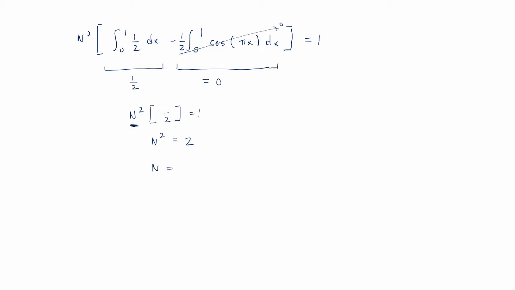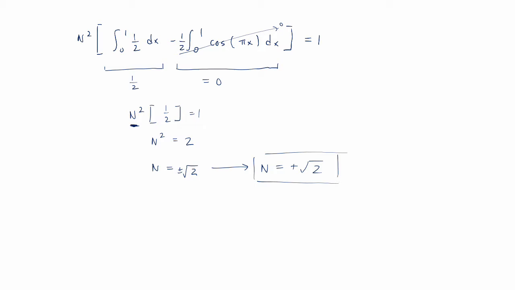So n is equal to the square root of 2, plus or minus. We usually just take the positive value, just for convenience. So my normalization constant is the square root of 2.